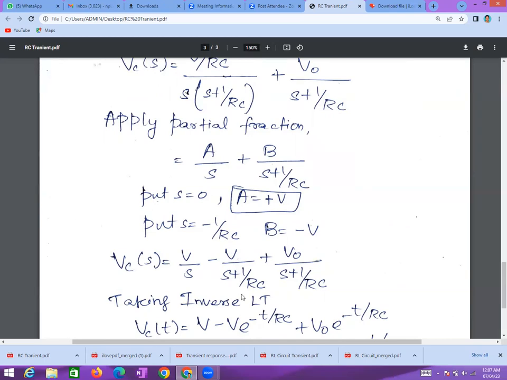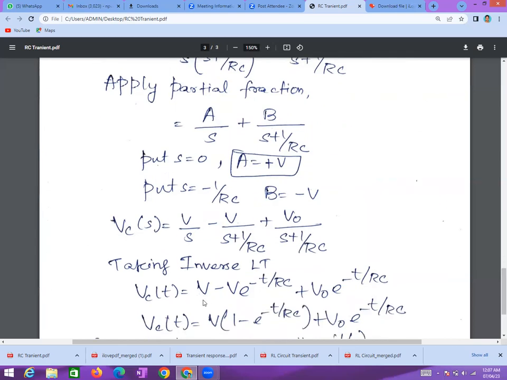Now it's easy to find the inverse Laplace for this equation. If you take the inverse Laplace, Vc of t equivalent to V minus, because already we know that the inverse Laplace of 1 by S is 1.